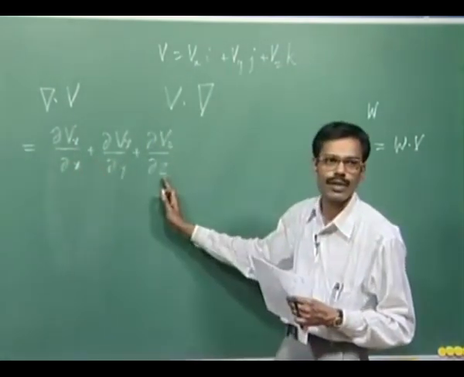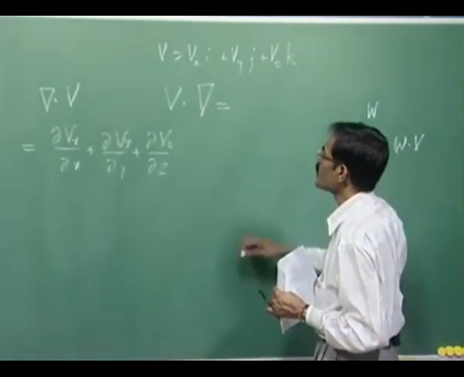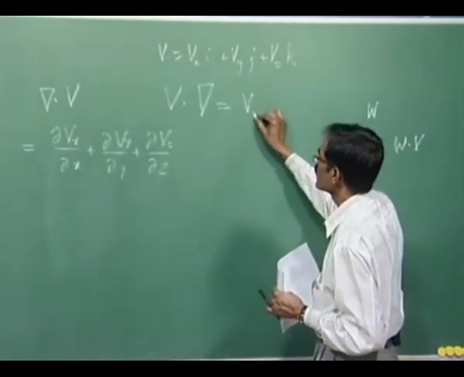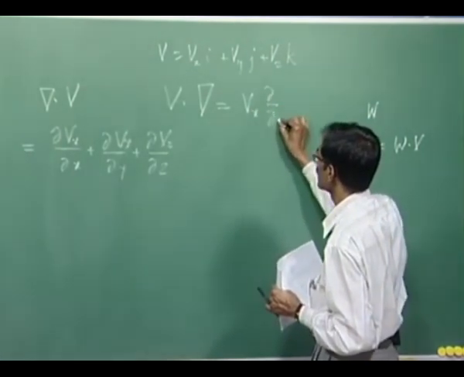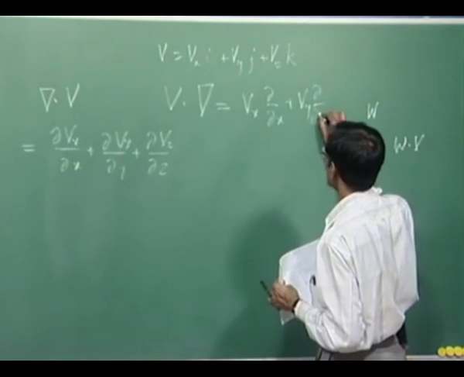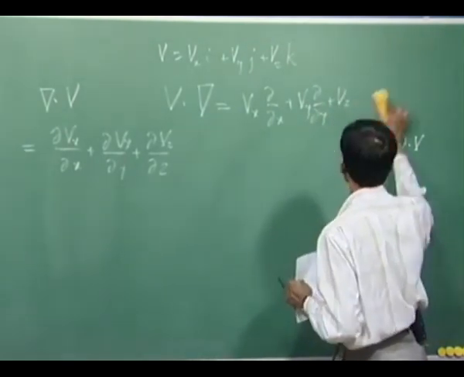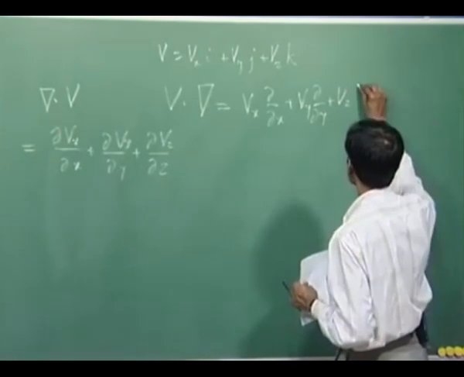This is called the divergence of v, as we will shortly see. On the other hand, this one will mean vx del by del x plus vy del by del y plus vz del by del z.